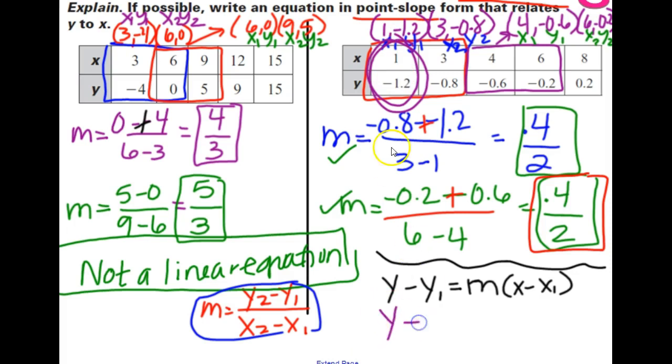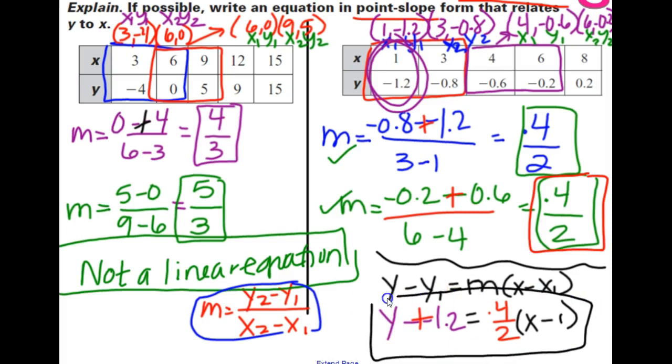So y minus y1, which is a negative 1.2, those make a positive, equal to our slope, which is 0.4 over 2. And then in parentheses, x minus x1, and x1 is 1. Now if we wanted to, we could use any of those other points. We could also convert this slope to a decimal. However, for the sake of time, I'm just going to leave it.